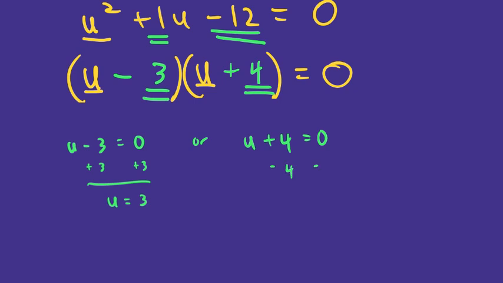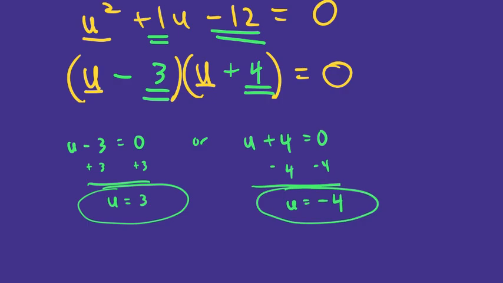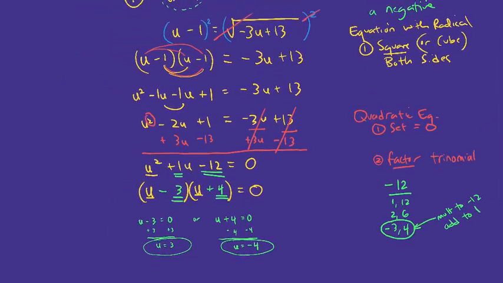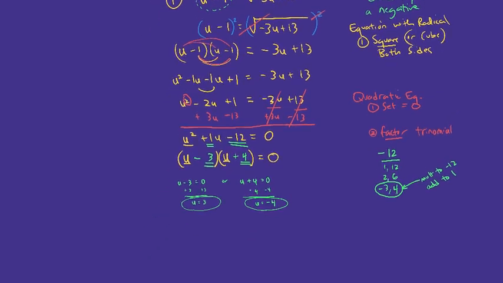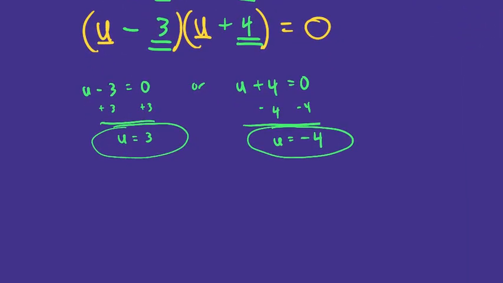Subtract 4, and u by itself equals negative 4. So we end up with 2 different answers. And hopefully you remember back at the beginning, we said we want to come back and check these answers. I should put an exclamation mark on that. Check answers back at the beginning. Typically, one of the clues that you'll want to check is if you've got 2 answers. Check.